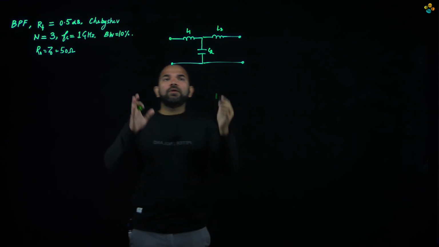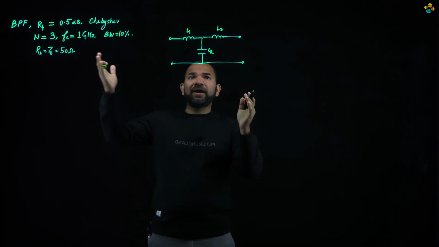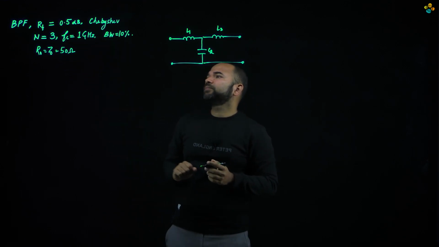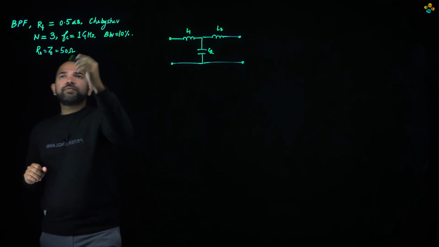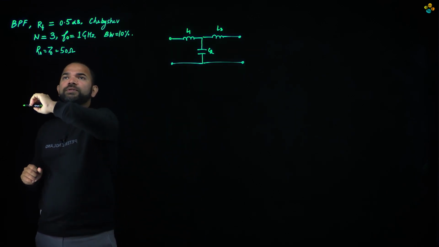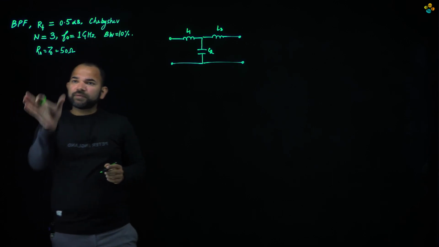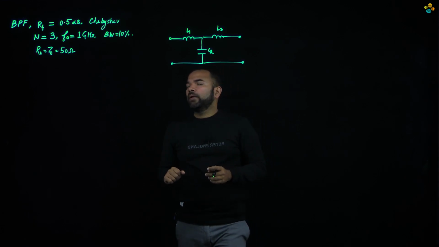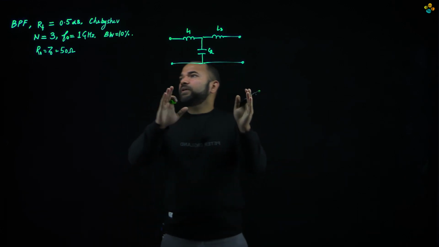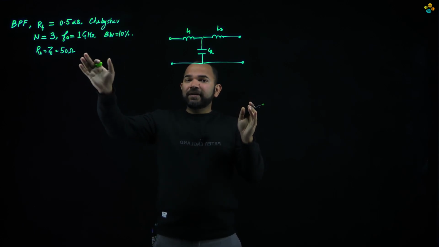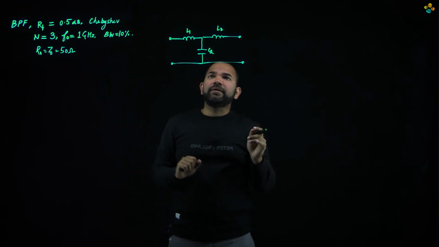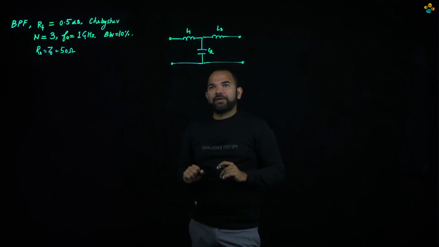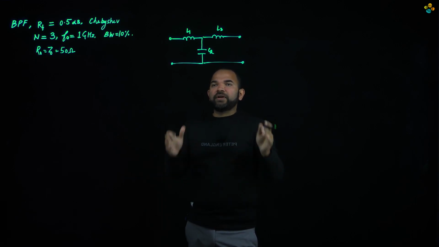If we design a low pass filter with the same order, n equals 3, with a cutoff frequency similar to this, and sorry, we should not say cutoff frequency, it is the center frequency f0. For a band pass filter it is a center frequency, and for a low pass filter it is a cutoff frequency. If we design a low pass filter with a cutoff frequency exactly at the center frequency of the band pass filter, we can translate this low pass filter to an equivalent band pass characteristic with a suitable transformation.